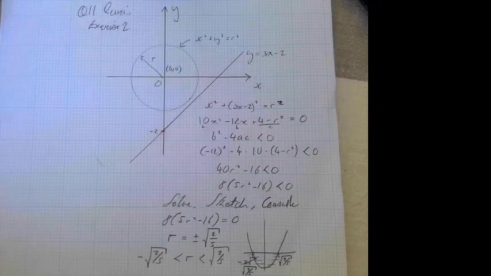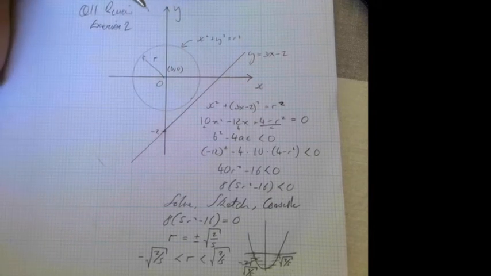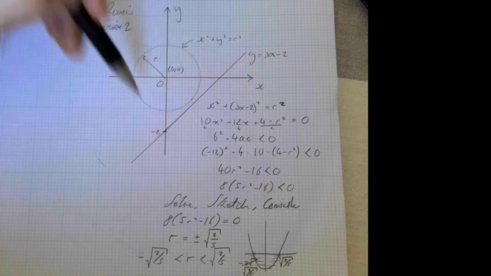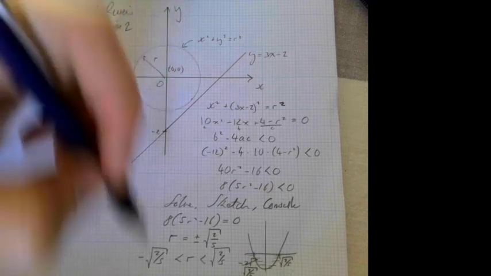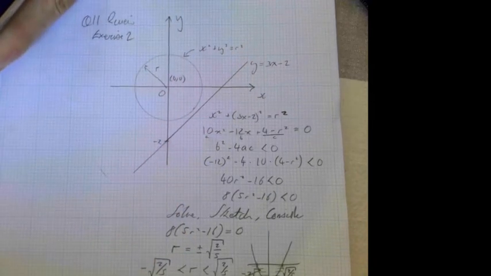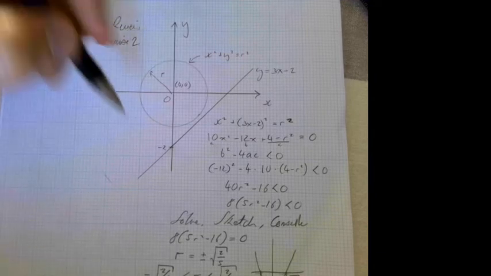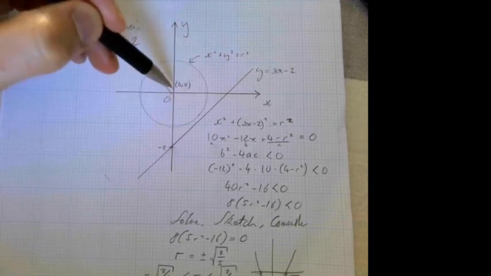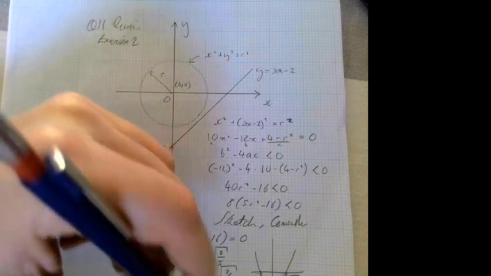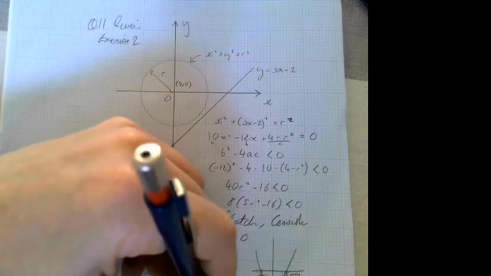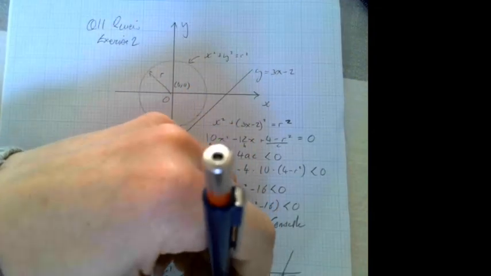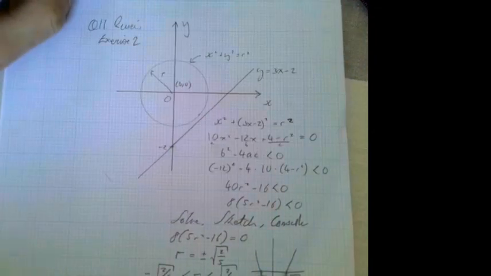The problem is this is a circle. Given that you can't have a negative radius of a circle, and this is why things like sketches are really important, to double check your answers before you move on and finish, it must be the case that r is greater than 0 but less than the square root of 2/5.